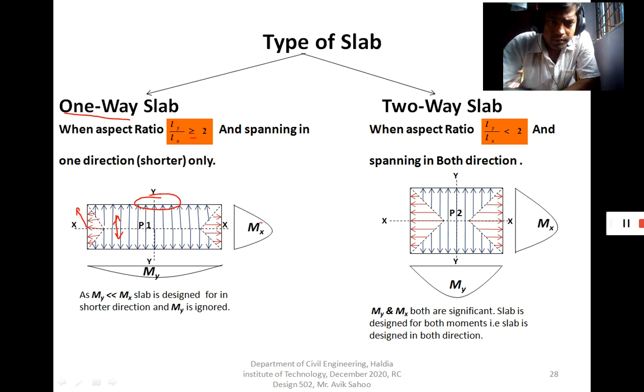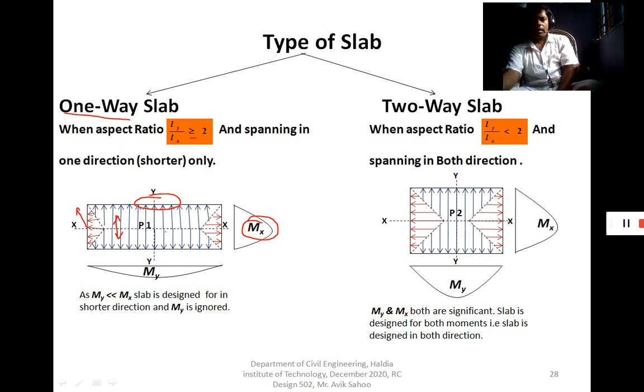So Mx means the moment about the x-axis, if the bending takes place in this direction about the x-axis, and the bending is maximum at the middle, whereas My is the longer span moment, the moment about the y-axis.